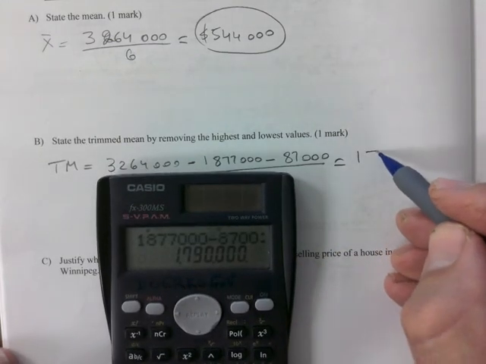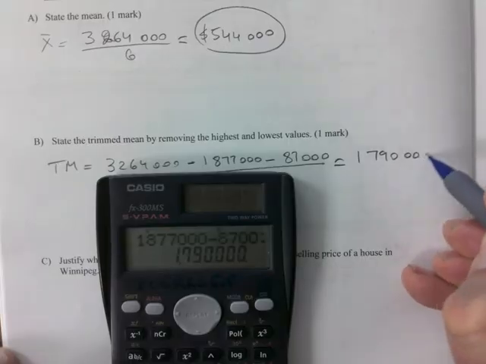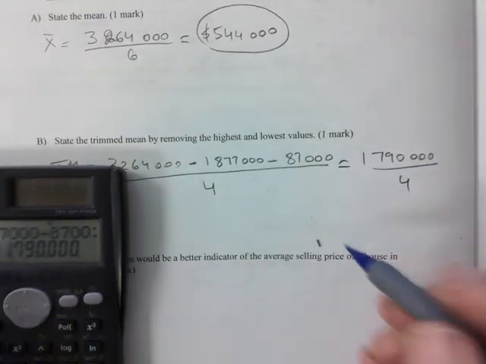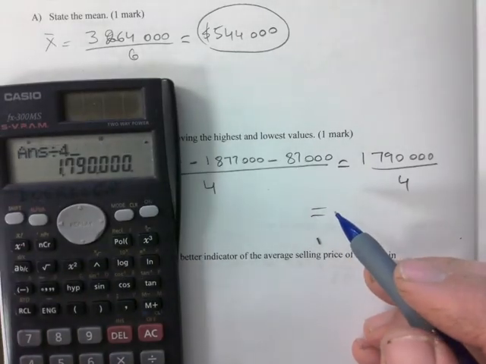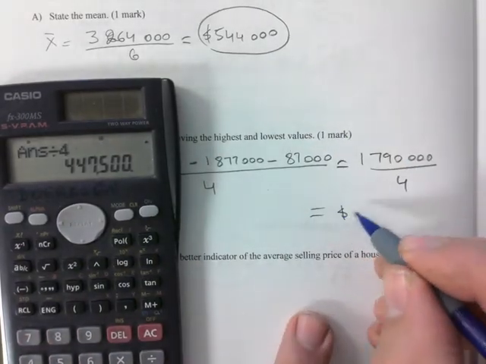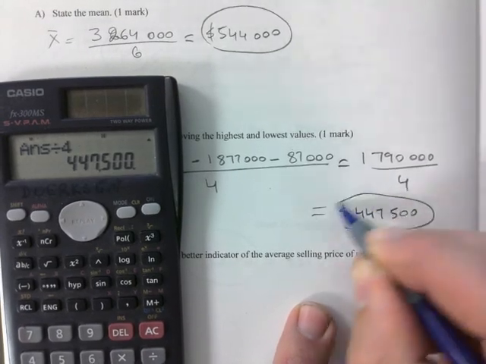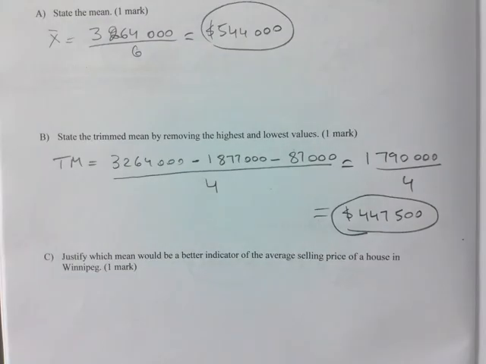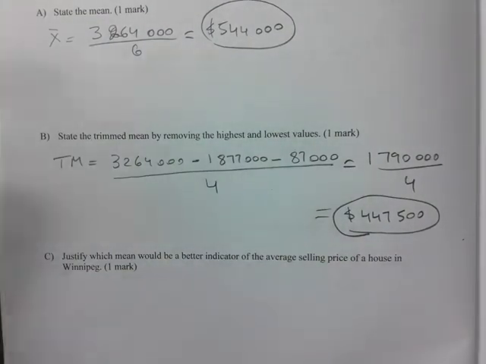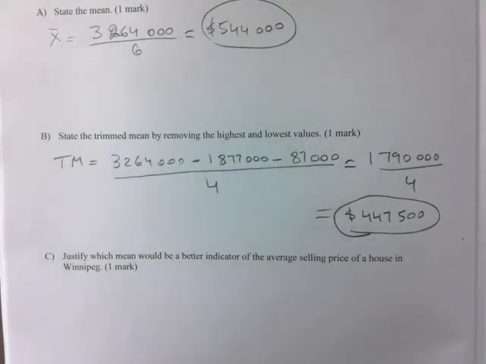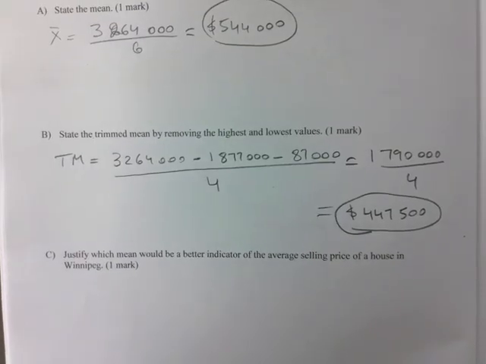So it's this divided by 4. Oops. Now my average has gone down. It's probably because there were kind of 2 outliers, but the upper value was a little higher from the average, right? It was pulling up.